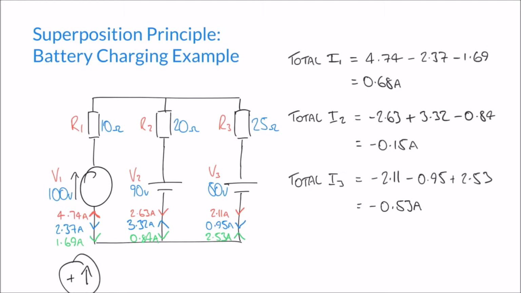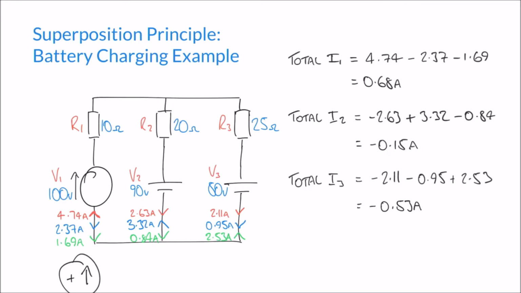So our final evaluation of this circuit is that 0.68 amps flows out of our supply, 0.15 amps flows down through V2, and 0.53 amps flows down through V3.